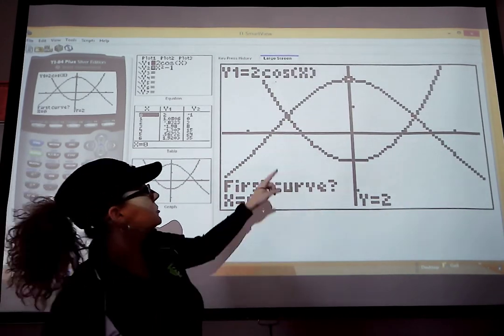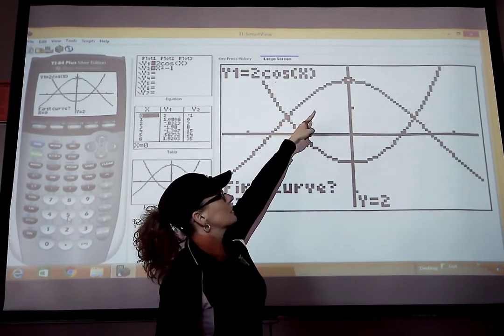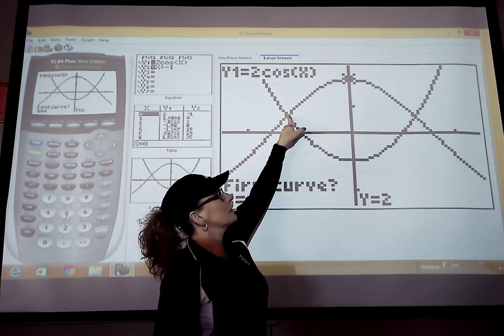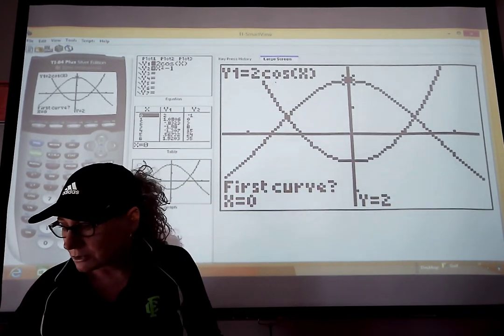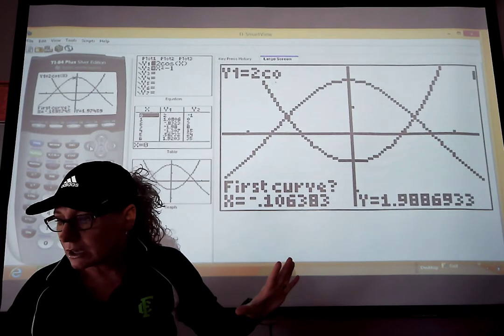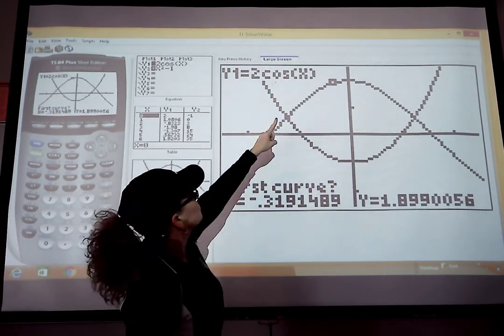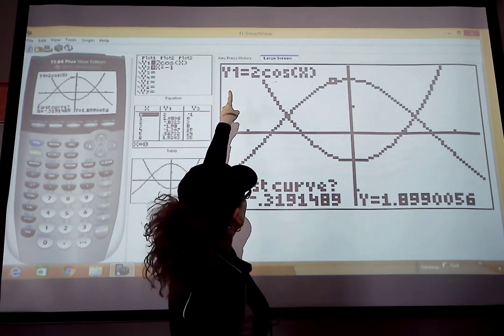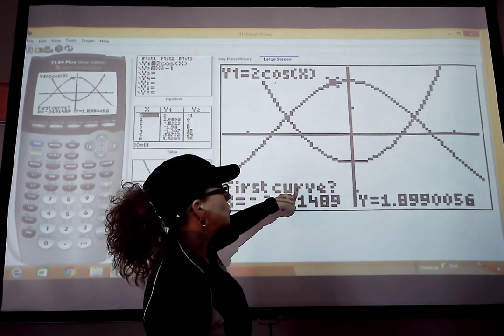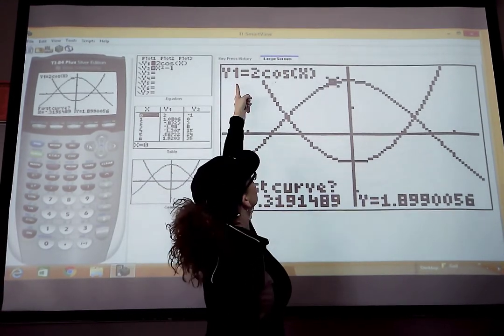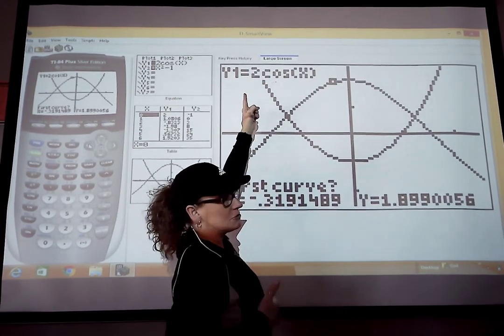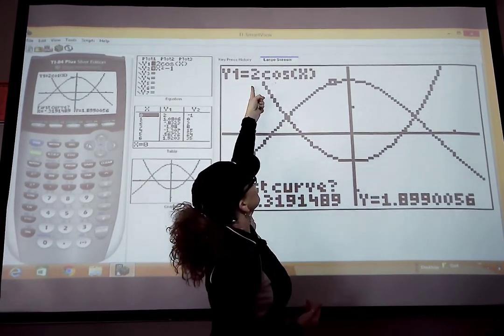Now, I want to do this intersection first. So I'm going to scoot my cursor a little bit closer to this intersection, just a bit to the left. Okay, and it's blinking, and it says, which one do you want to be your first curve? It doesn't matter, you choose both curves, but I'm on cosine right now.